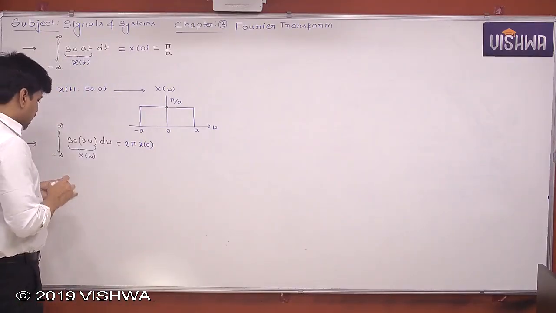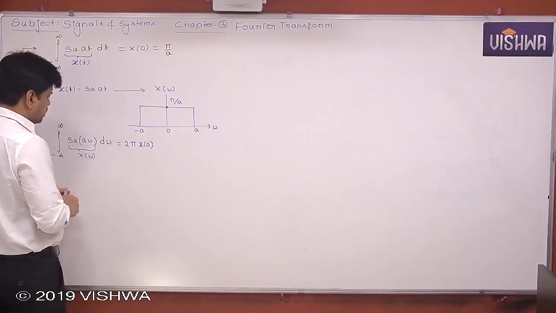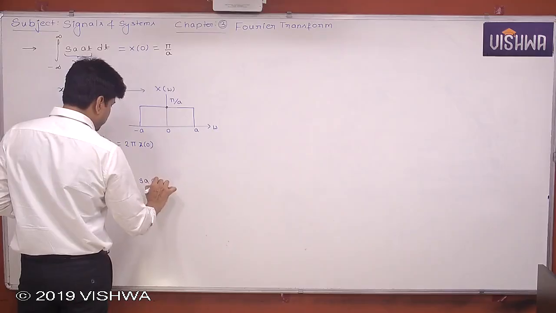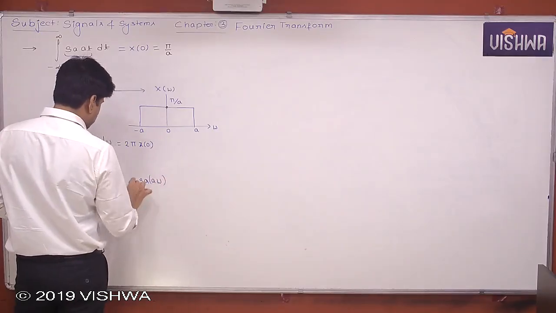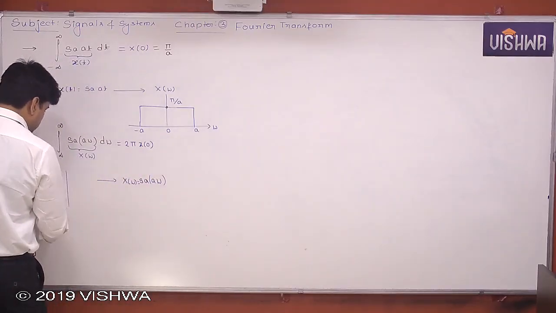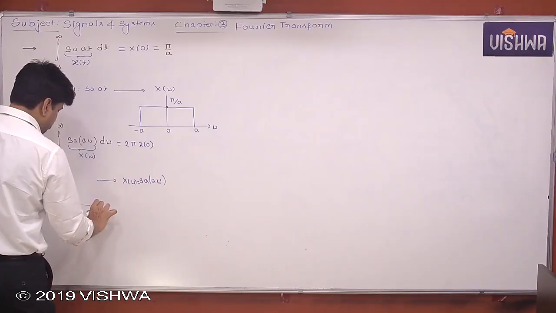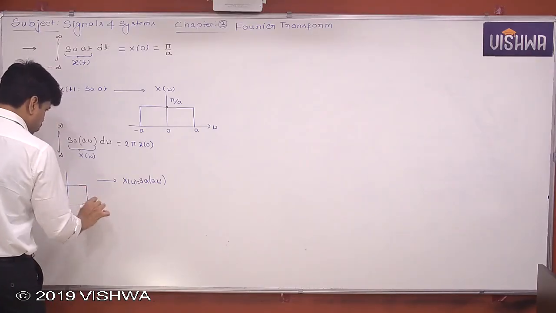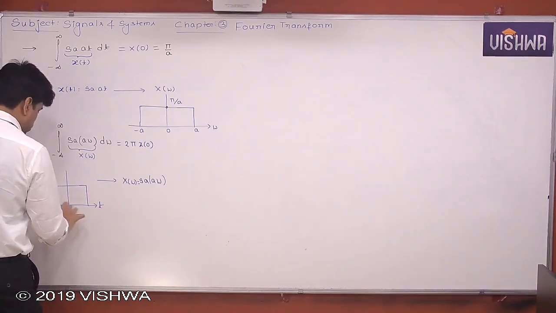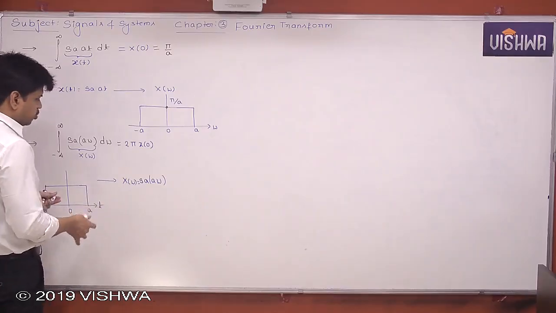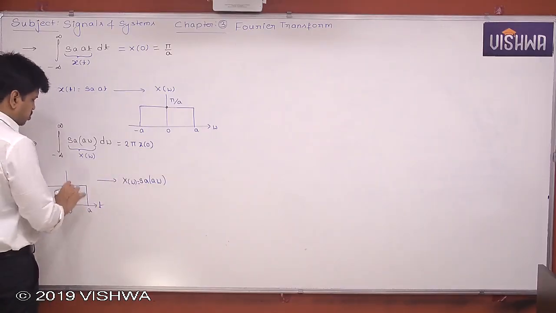So to get this X of omega, sampling a omega, what should be the time domain x of t? That is again a rectangular pulse whose width is equal to 2a. So it is from minus a to a, and the height has to be 1 by 2a, so that its area becomes 1.